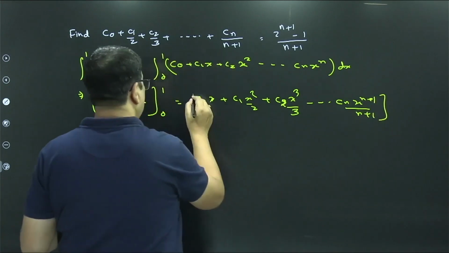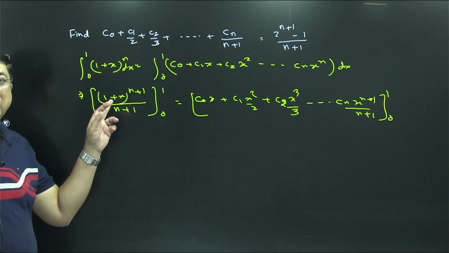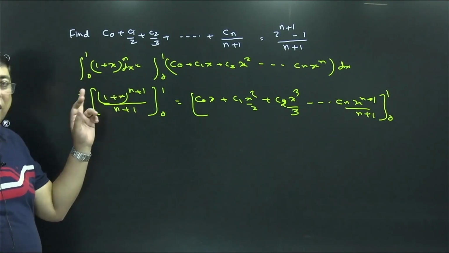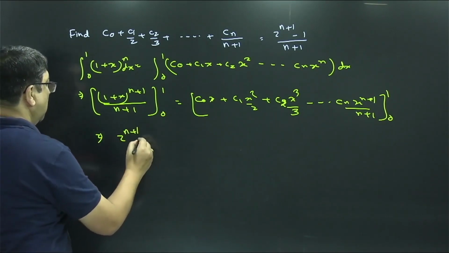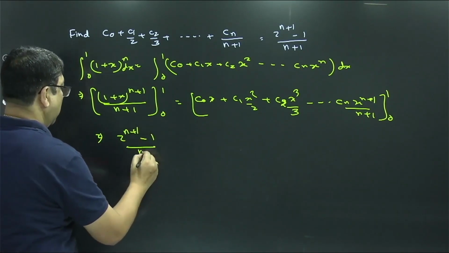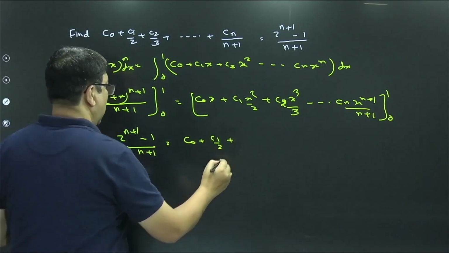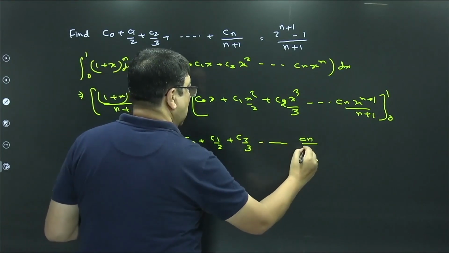Now, if we apply upper limit and lower limit, just see one thing: if we put x equal to 1, this is 2^(n+1), upper limit, minus lower limit, where x equals 0. So we are getting here (2^(n+1) − 1)/(n+1), that is C0 + C1/2 + C2/3 + ... + Cn/(n+1).